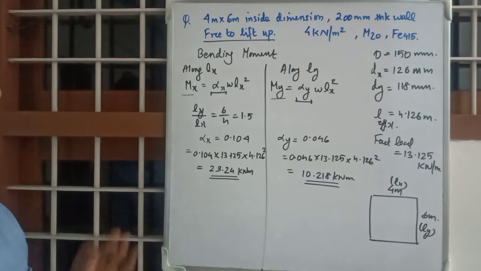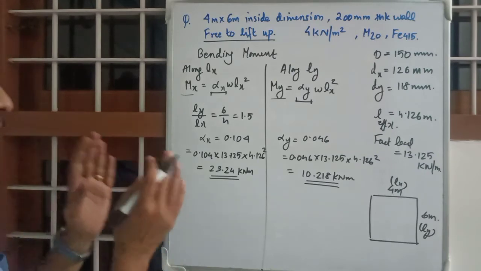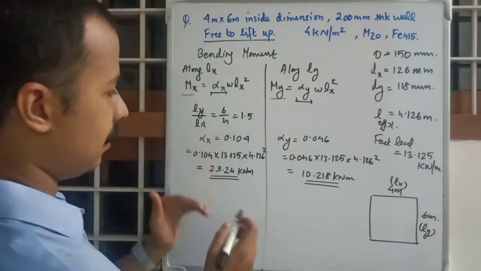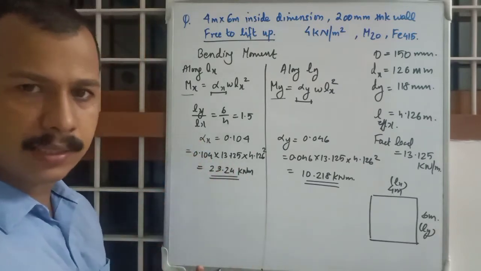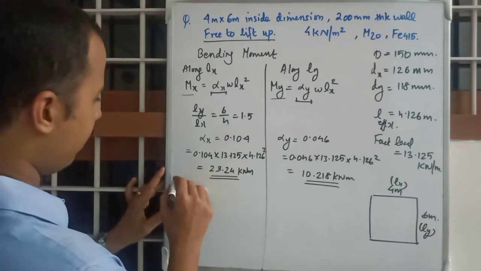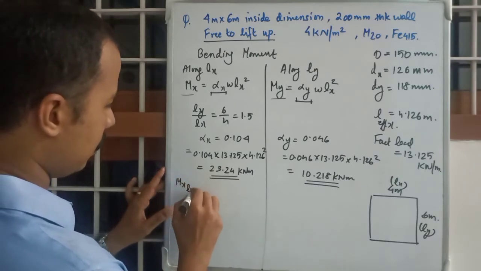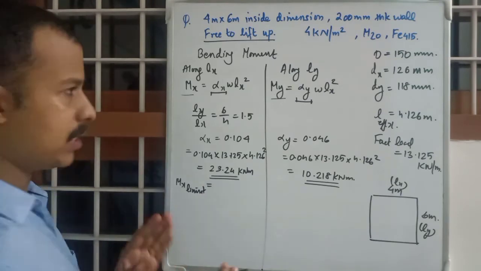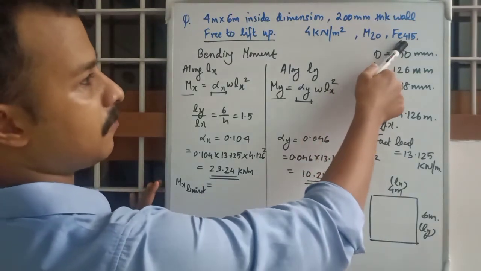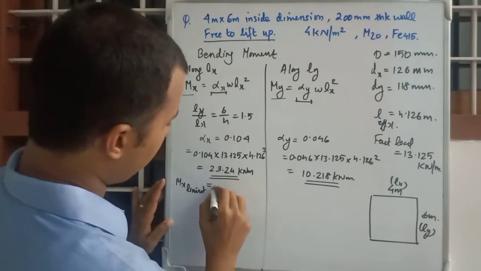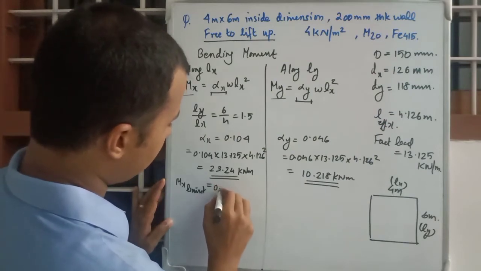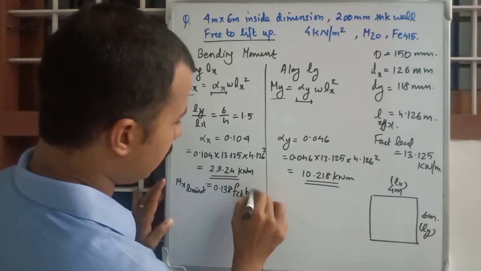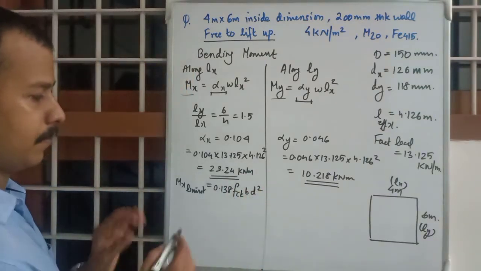Okay, then as always you will calculate limit values to compare with these values. So Mx limit is equal to the same equation, no change at all, as it is Fe 415, that will be 0.138 fck b d square.